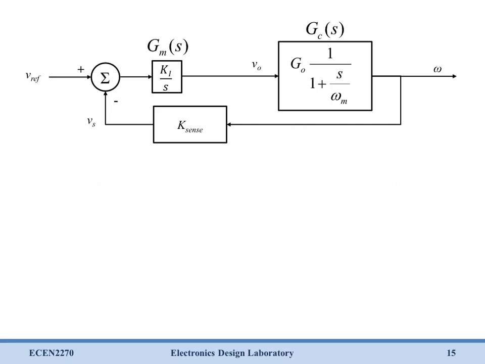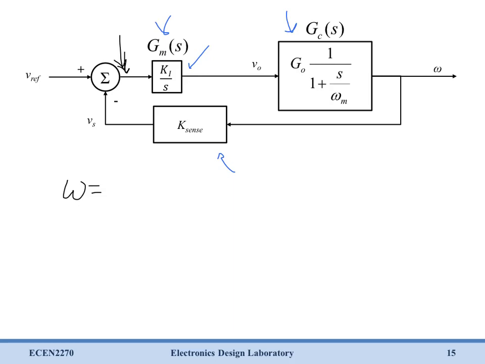Alright, we've just shrunk the circuit up to the top. It's the same circuit. We have GM modeling our controller. We have GC modeling our motor. We have K-sense modeling our sense circuitry. And so let's just begin writing equations. It's simple enough, we should be able to figure it out. Now if we start with just writing an equation for omega, we can see that omega equals whatever this voltage is times GM times GC.